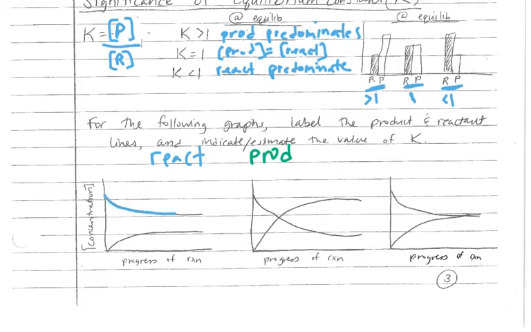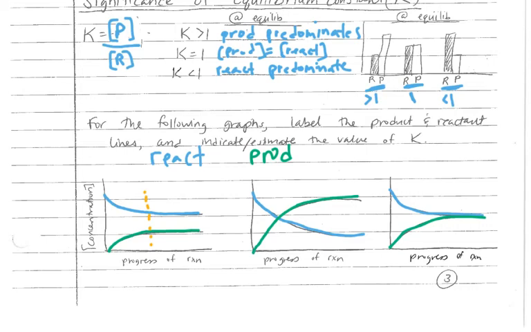So this is the reactant line, the one that we're starting with, and this is the product line, the one that we are making over the course of the reaction, assuming these are all going in the forward direction. In A here, we reach equilibrium when these lines become parallel, when the amount of product and reactant is no longer changing, when the slope is 0, meaning the rate is equal.